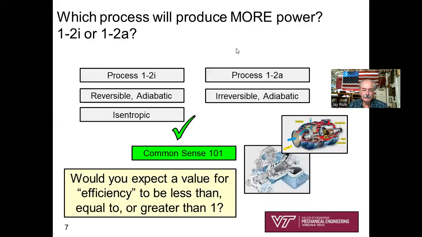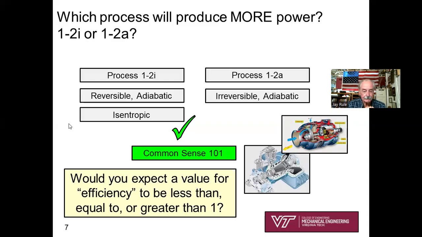Common sense says 1 to 2i. A reversible adiabatic turbine, using common sense, for the same inlet state and the same outlet pressure, is going to give you more output power than the irreversible and adiabatic turbine. So that's a true statement. That check is true. That's consistent with common sense 101.